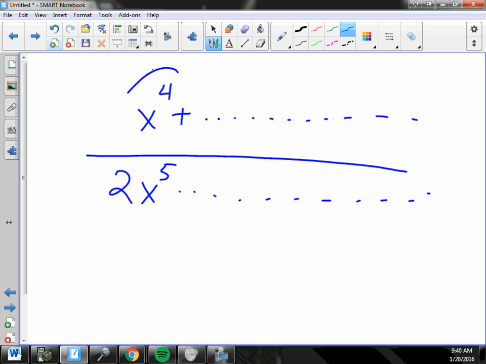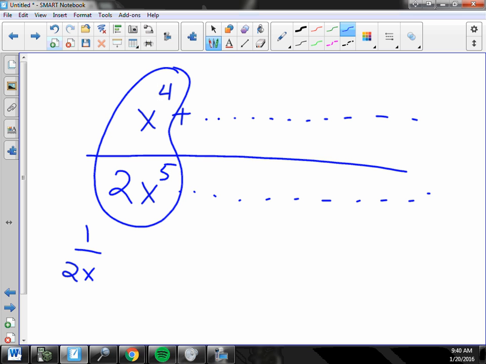All you have to do is divide these. What do you get when you divide those? 1 over 2x.